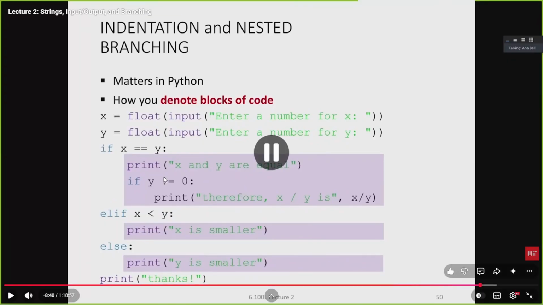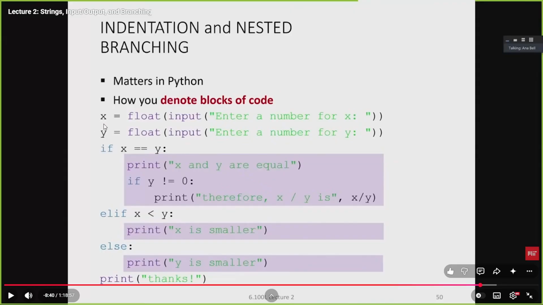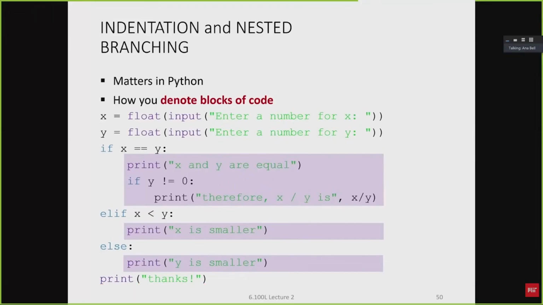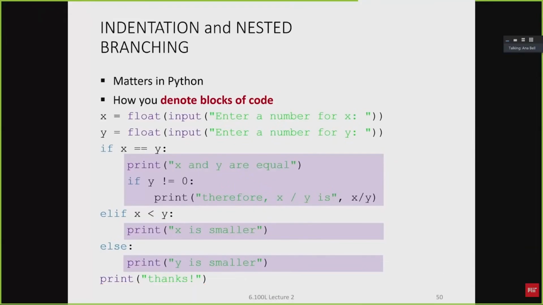So nesting is basically putting a conditional statement inside a conditional statement. What we can see over here is that x equals float. So x and y are two float data types, and if x equals y, so let's say x equals 1.0 and y equals 1.0, then this specific block of code will execute: print x and y are equal.